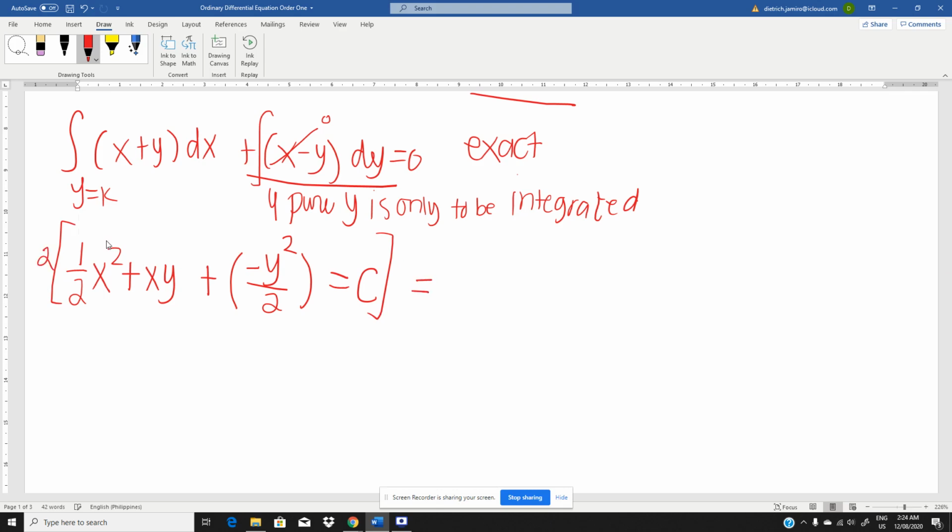So we will have x squared plus 2xy minus y squared is equal to C. So that's the answer.